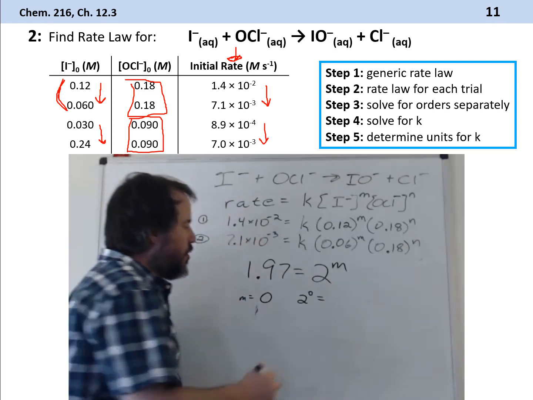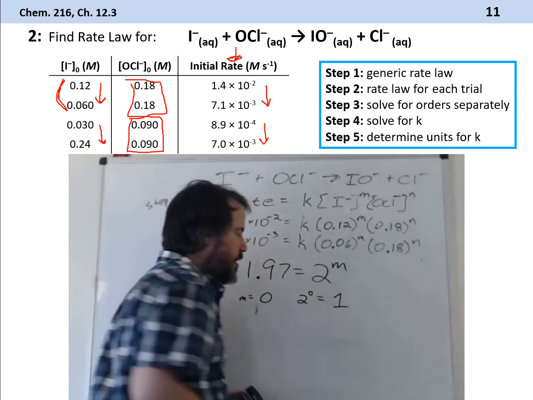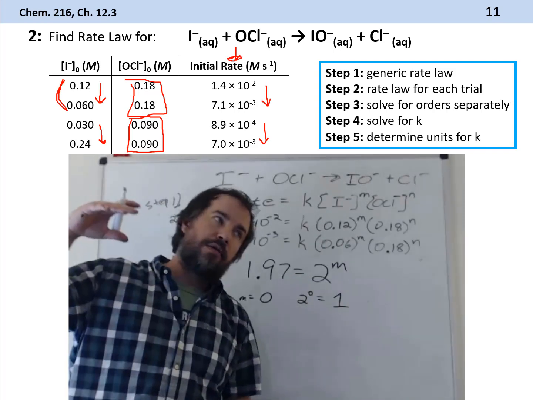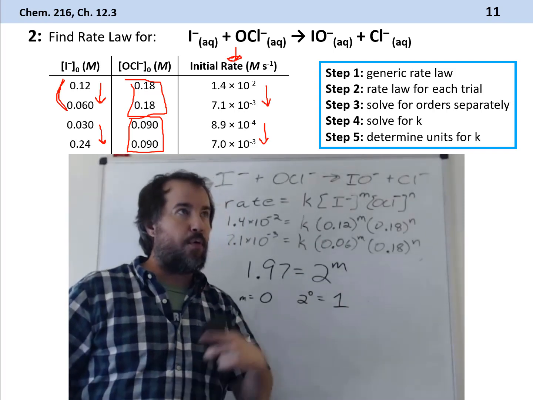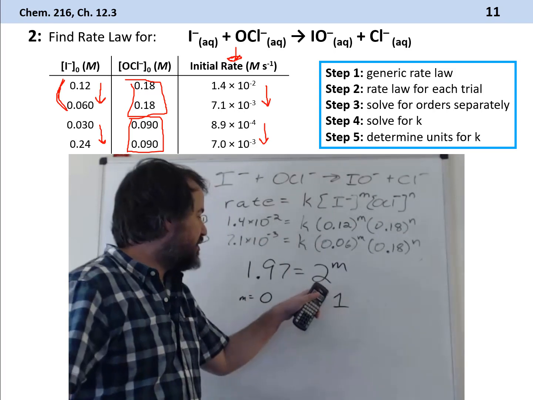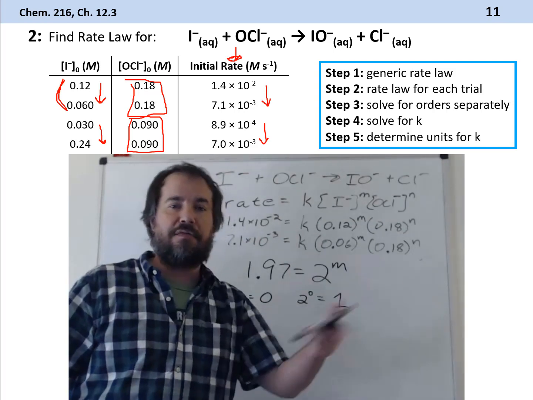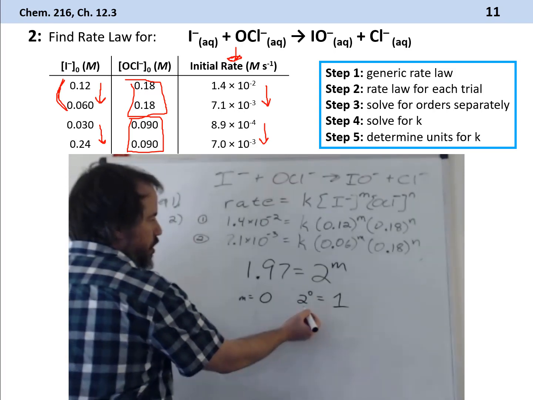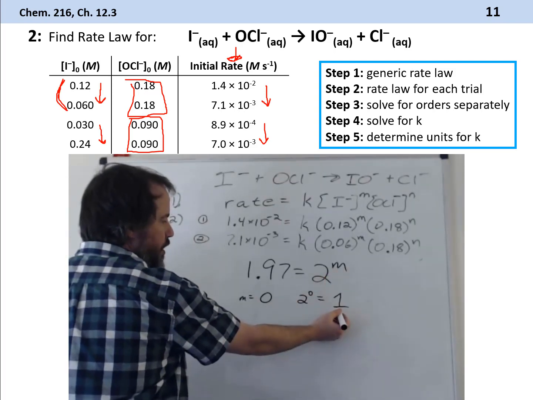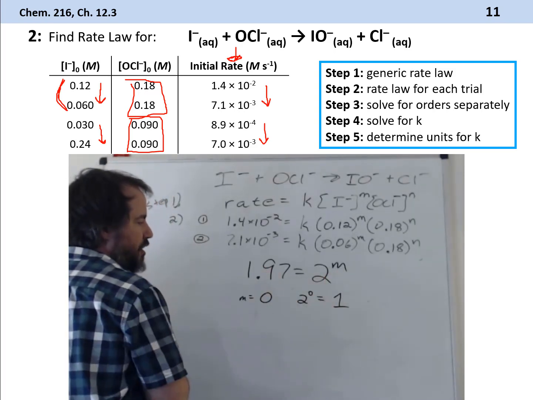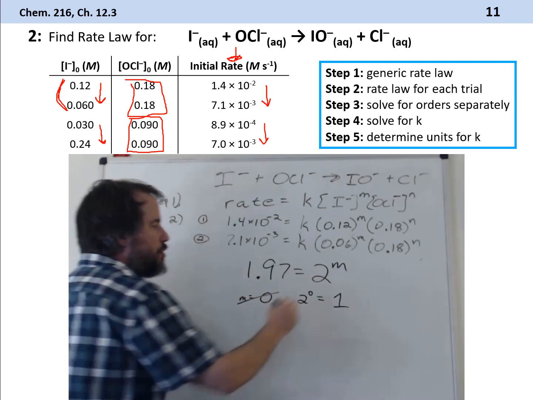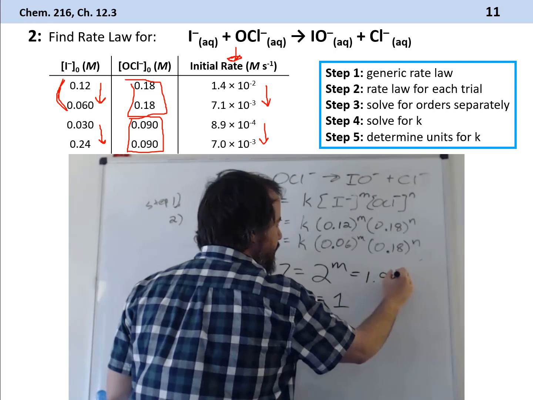Any number to 0 equals 1. Right? 532 to the 0 equals 1. 283.460 to the 0 equals 1. Elephant to the 0 gives you 1. Okay? So 2 to the 0 equals 1. So does that mean m is equal to 0? No. Because I say it should be equal to 1.97.